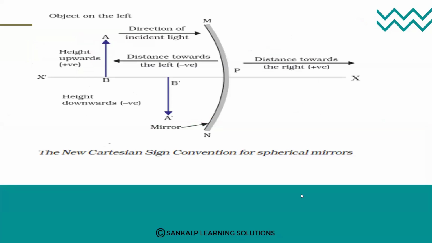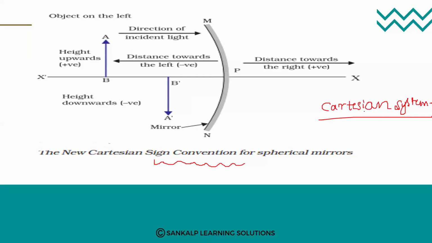Now, another important point is sign conventions. Okay, sign conventions for spherical mirror. Just have a look over this. So this is the new Cartesian sign convention for spherical mirror. Yes, my dear students, what do you mean by Cartesian system? Have you heard about Cartesian system? In coordinate geometry, the Cartesian system will come.